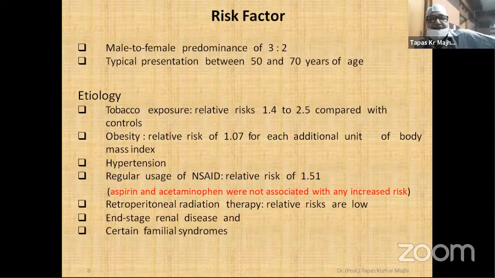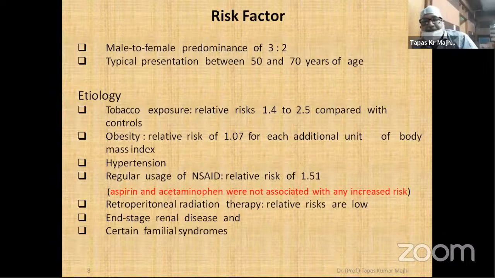Obesity is a risk factor. Long-standing hypertension is also a risk factor. Regular use of non-steroidal anti-inflammatory drugs, aspirin and acetaminophen, is not associated with any risk because these two drugs are very commonly used.